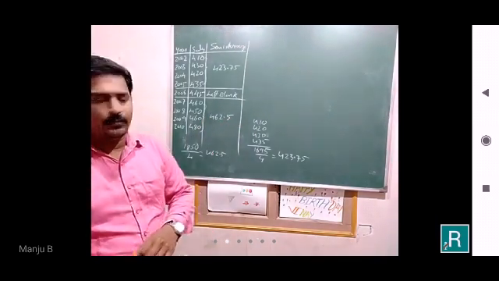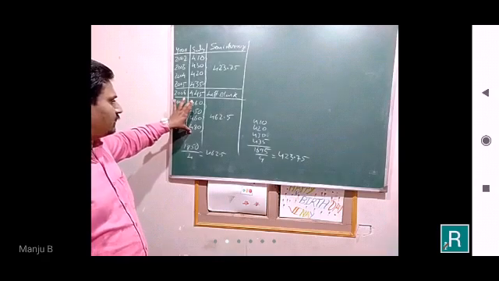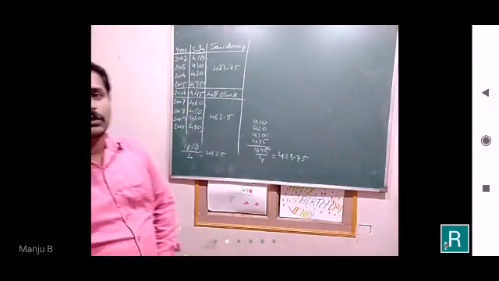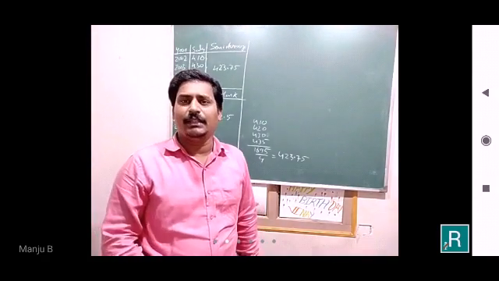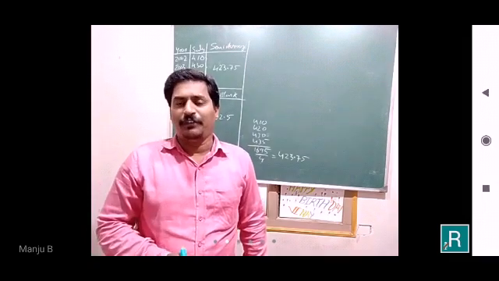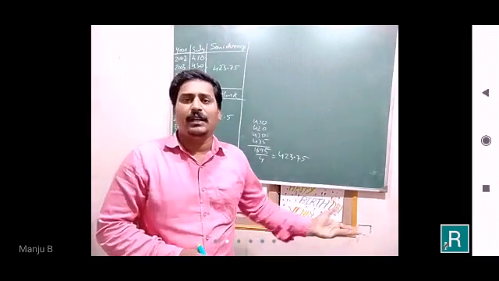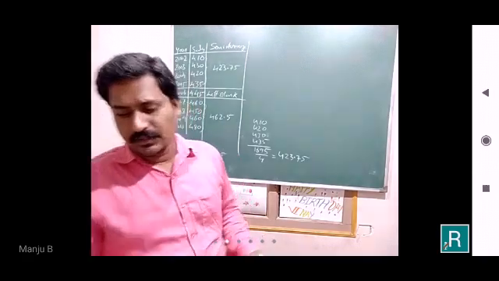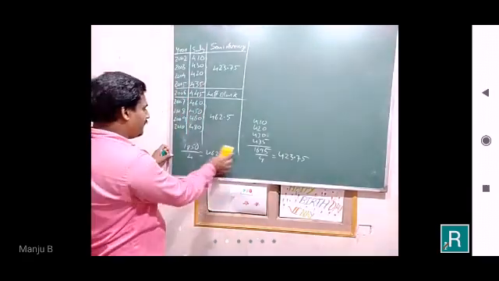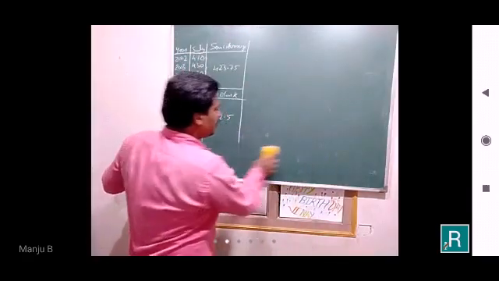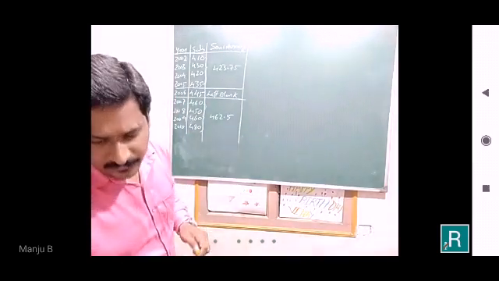Again, add all 4 years and divide by 4. Suppose if 3 years are there, then divide by 3. If 5 years of data are there, then divide by 5. So you already know how to calculate the average. No much difficulty here. Now the graph.